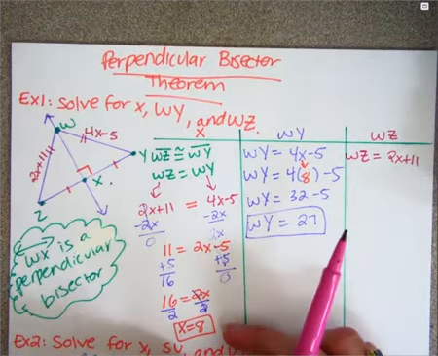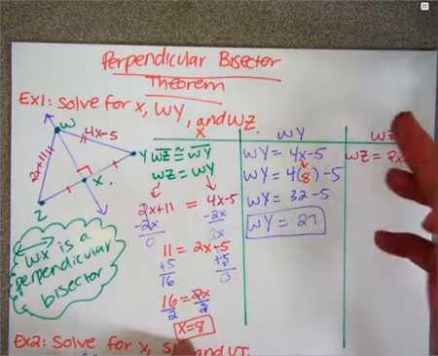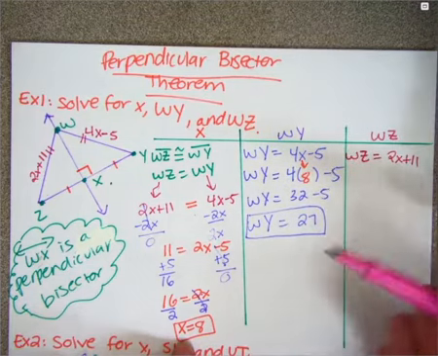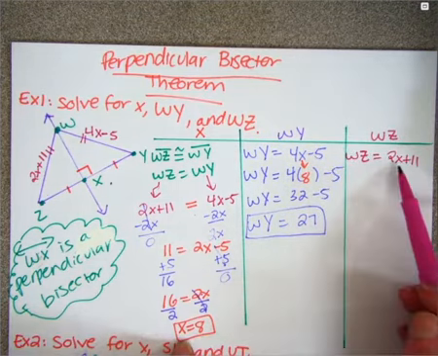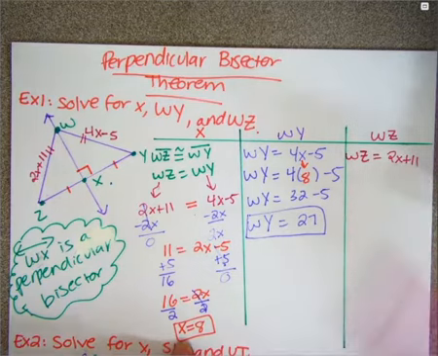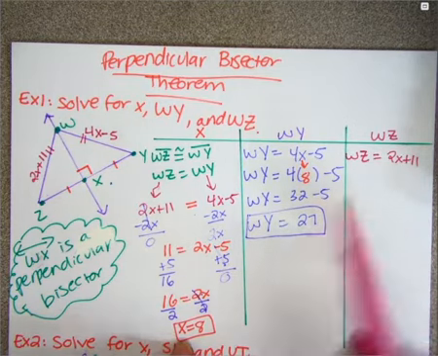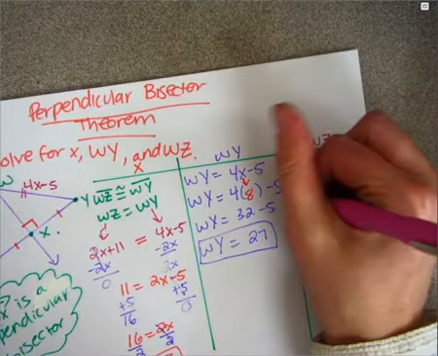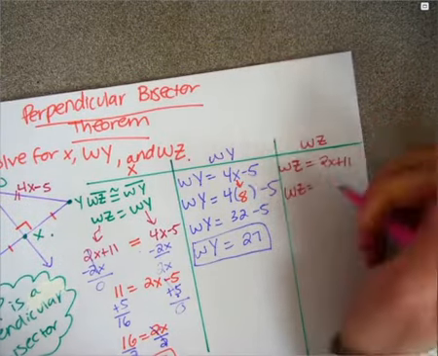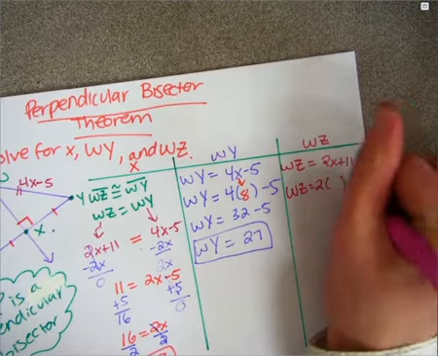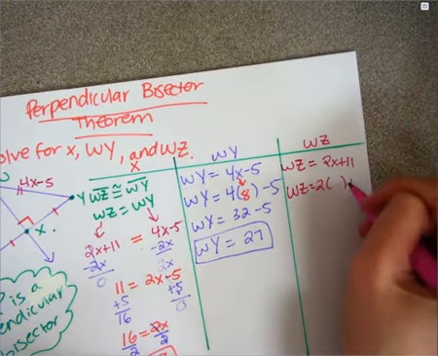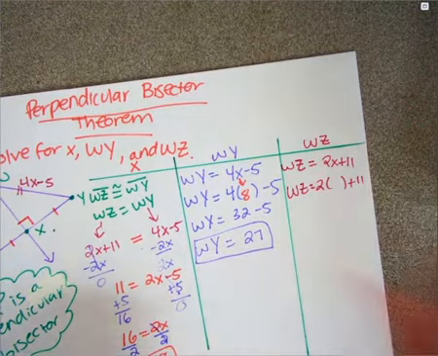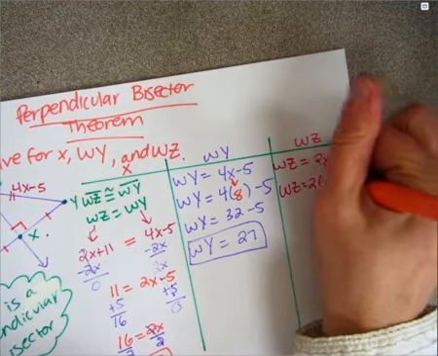Sometimes we get the wrong answer for x, so it's good to know when we're solving if you have the right answer or not. So I'm going to substitute an 8 for my x to see if we get 27. If we don't, then I might need to redo this problem, and that's embarrassing. Okay, so we have 2 times my x, which is 8, plus 11. So I'm going to replace x with 8.